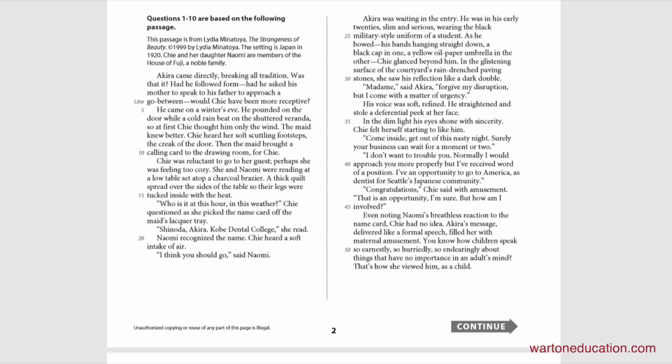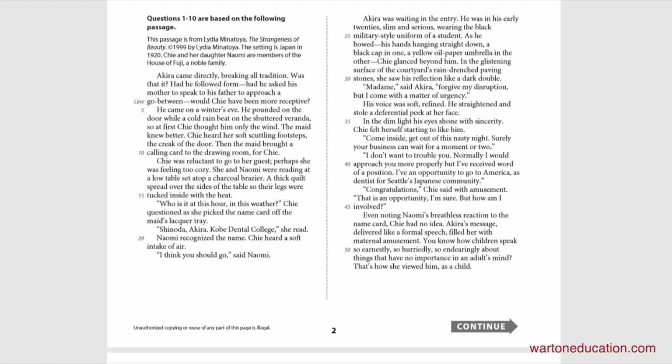Let's keep reading. Had he followed form? Had he asked his mother to speak to his father to approach a go-between? Would she have been more receptive? So a literal reading reveals that he had broken tradition, i.e. form, by not using a go-between. A go-between is like an intermediary or a middleman.